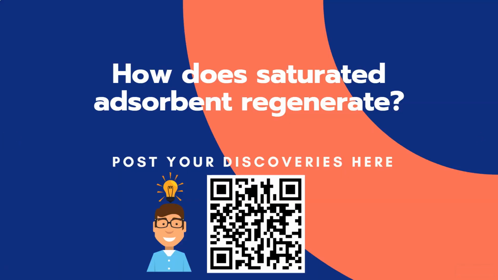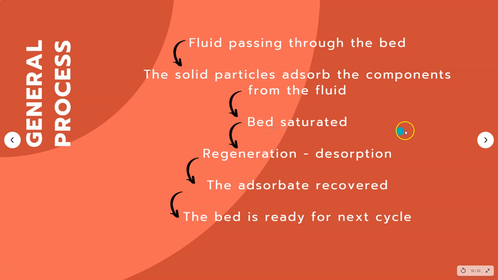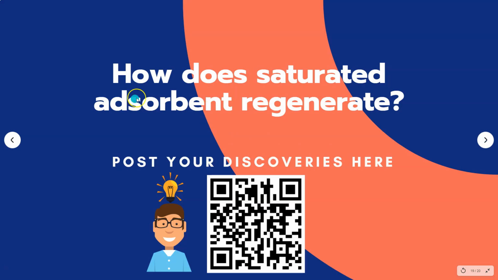So the question you can think about during this class is, how does a saturated adsorbent regenerate? How can the adsorbent in your bed be regenerated? You can refer to the internet, your textbook, and so on. Try to find how the saturated adsorbent regenerates.